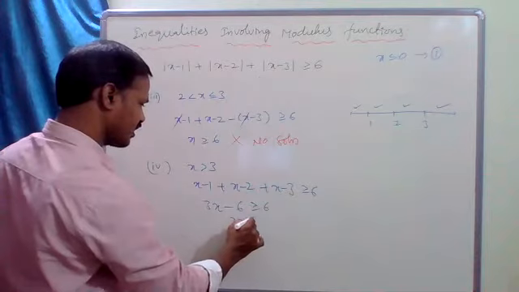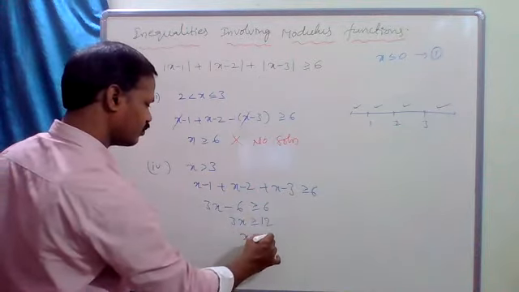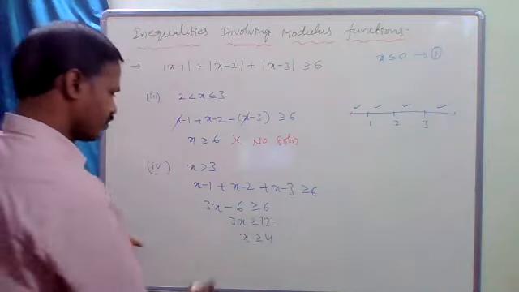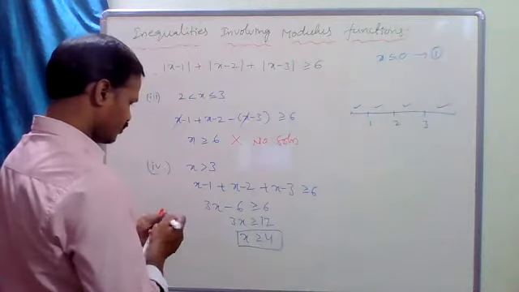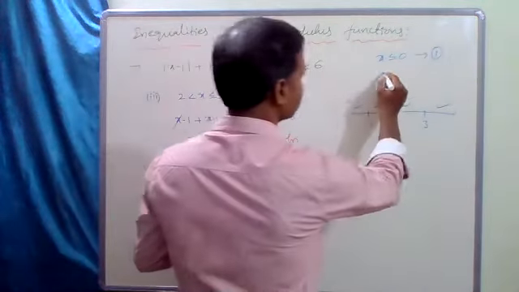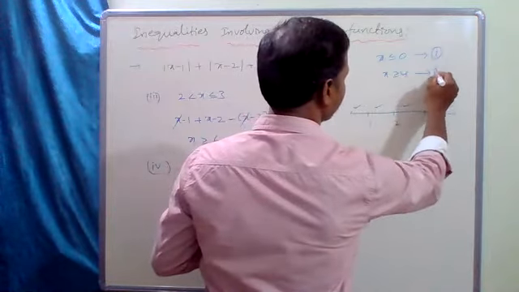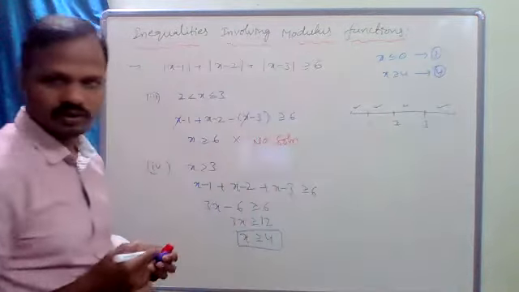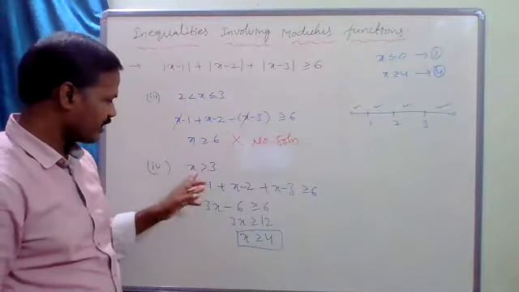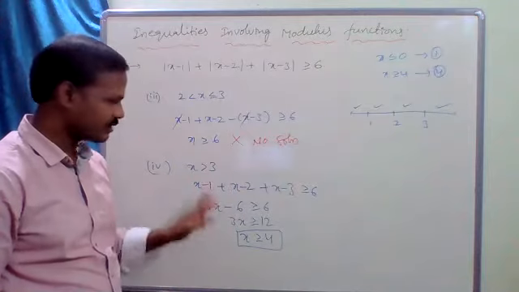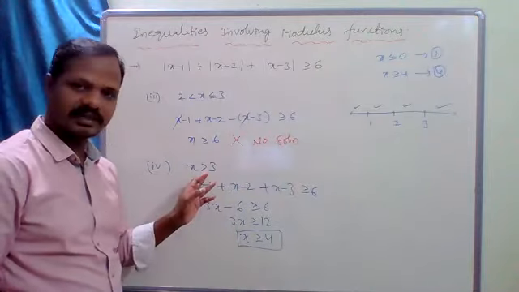So 3x is greater than or equal to 12. So x greater than or equal to 4. Okay. So fourth case is x greater than or equal to 4. Second and third, no solution. So x greater than or equal to 4. Here, x greater than 3. Yeah, is it true? X greater than 3, x greater than or equal to 4. So this solution is in this case.